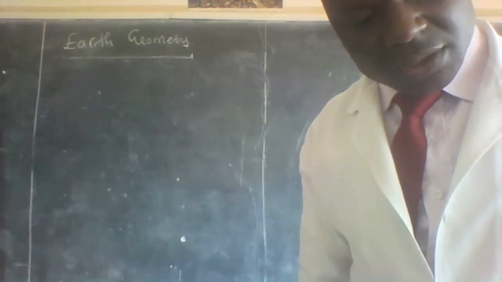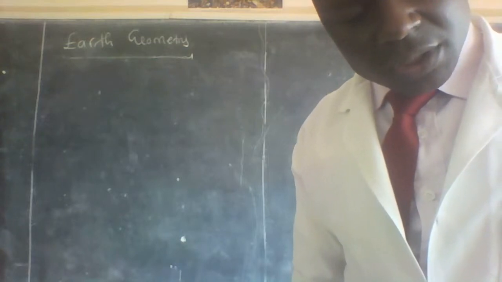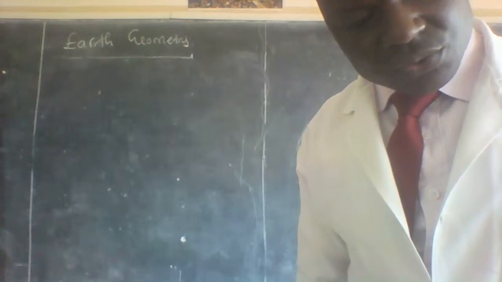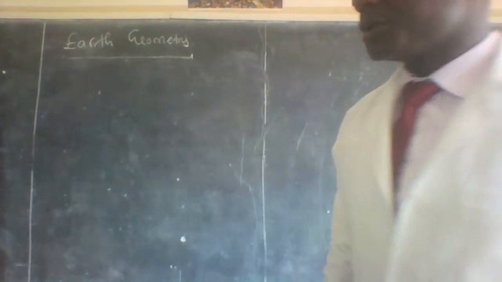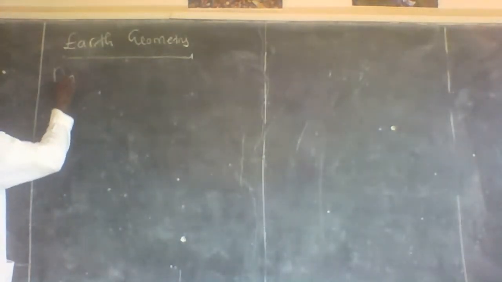When we start looking at the degree difference, we will be looking at the latitudes first, then you go to the longitude. So we are going to call it degree difference.